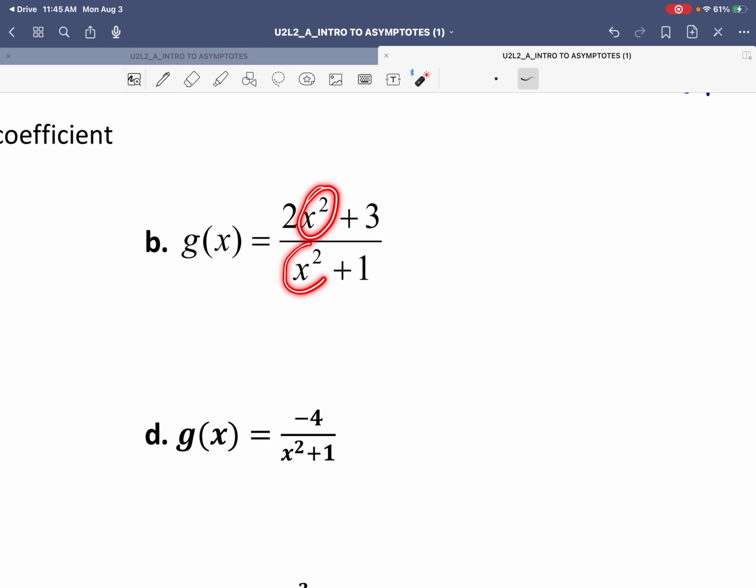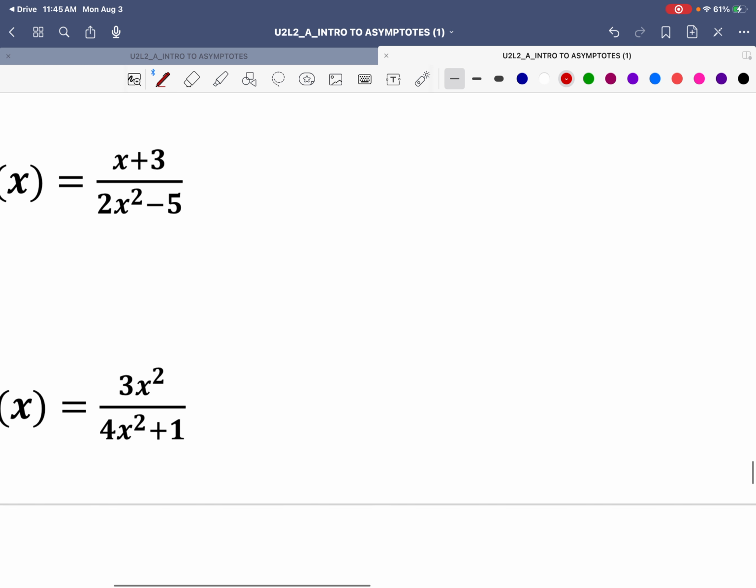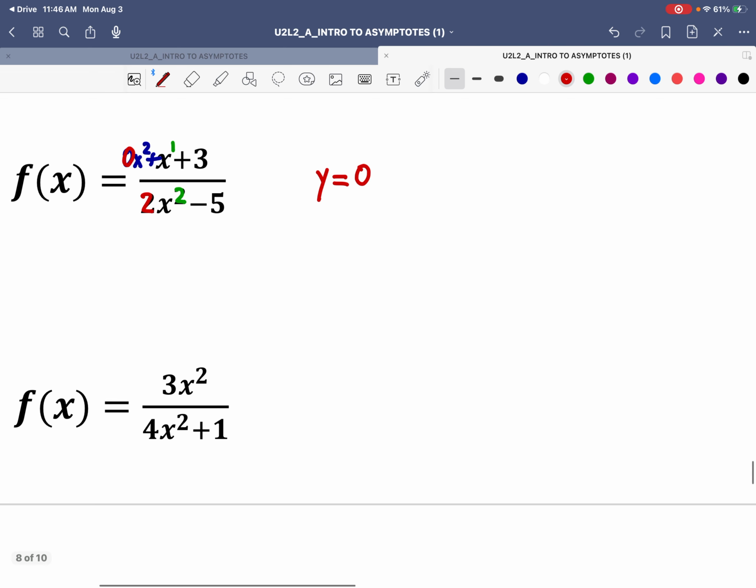Power 2, the highest power is the same. Coefficients are 2 and 1. y equals 2. Here we get power 2, power 1. If I had a power of 2 here, that would have to be 0x squared. So the ratio of leading coefficients will have to be 0 over 2, so y equals 0.